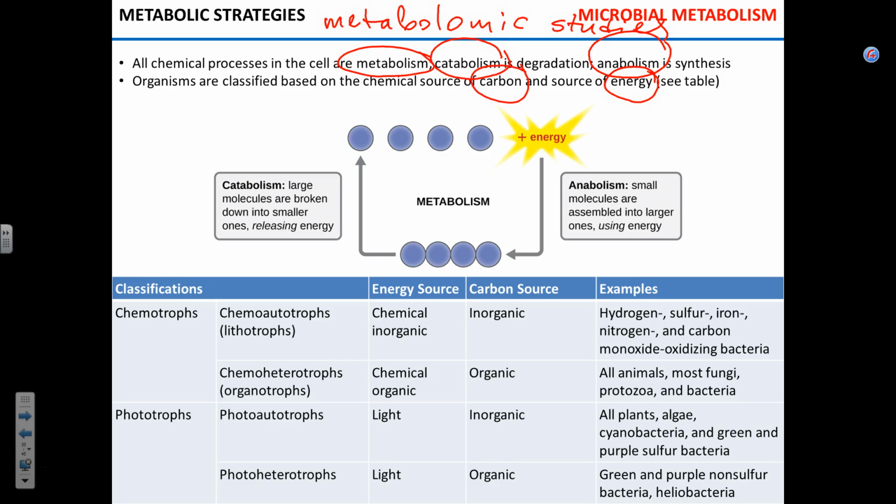Now, based on the carbon source, we can separate organisms, all organisms, whether they take carbon from inorganic or organic sources. So we figured out that organic sources of carbon can be food for humans. What about other organisms? Where else can you take organic carbon? It's not organic.